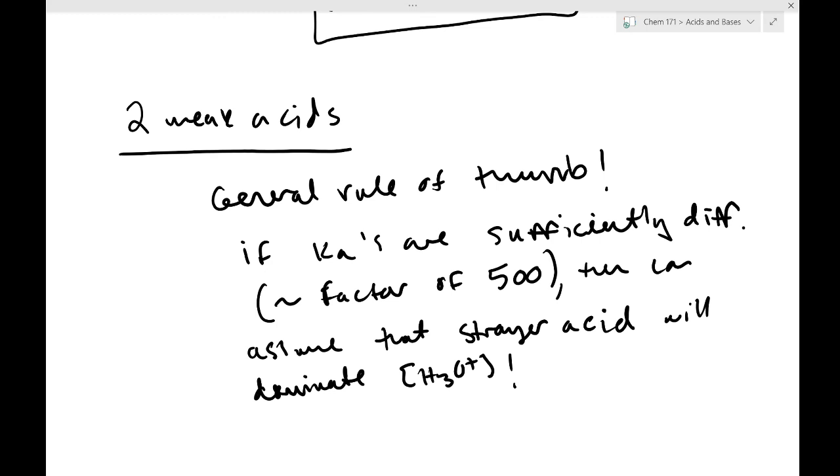If they're different by a factor of 500, then you can just use the ICE table for the stronger acid to determine the H3O plus, and this will be the H3O plus concentration of the solution.